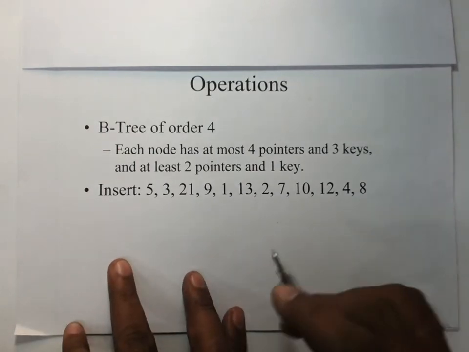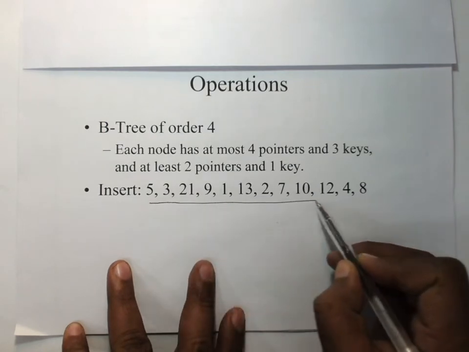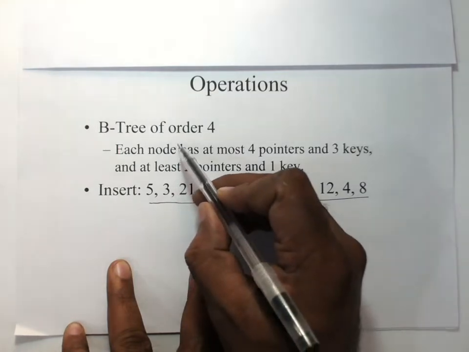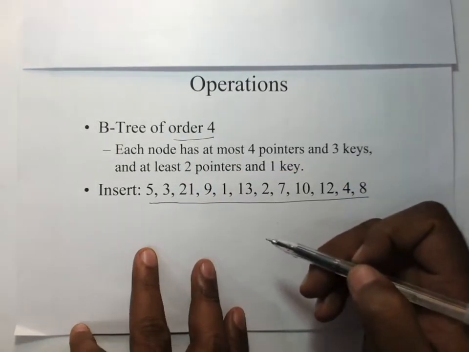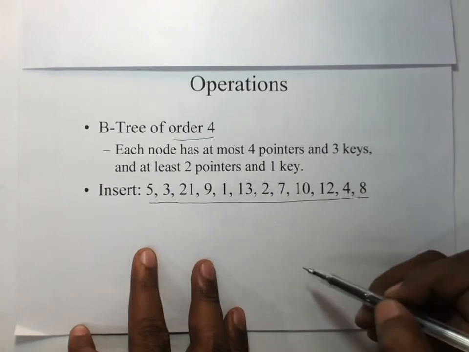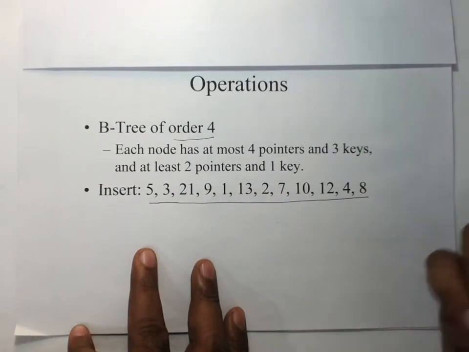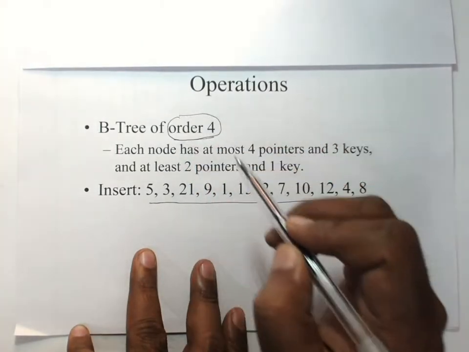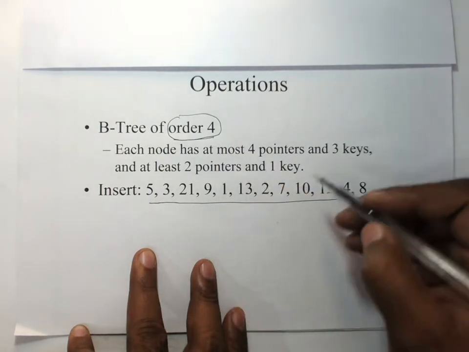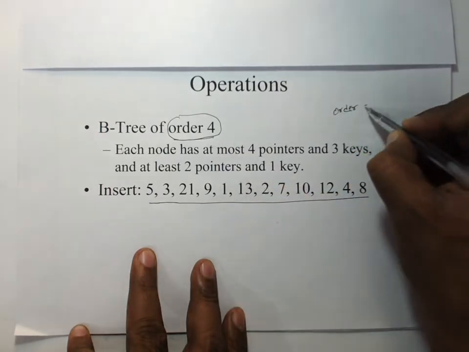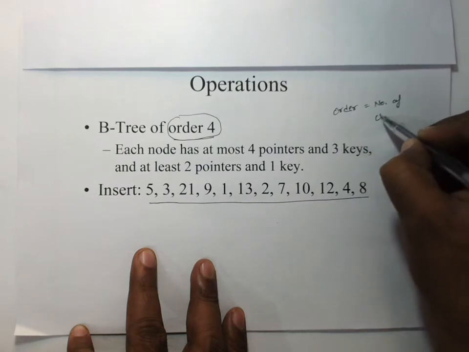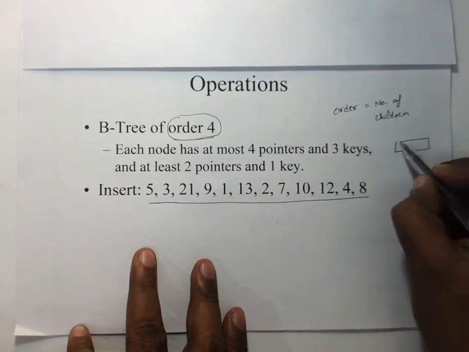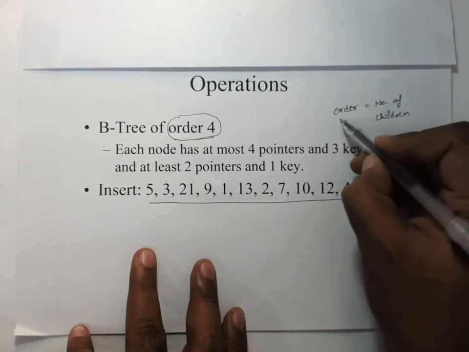I want to insert these elements in an empty tree. And one more thing, you should notice the order, which is 4. That will be given in the question. For example, this is the example that will be given by the examiner in your exam: order 4 is given. Order means simply the number of children, how many children there will be in a particular node, which is defined by the order.